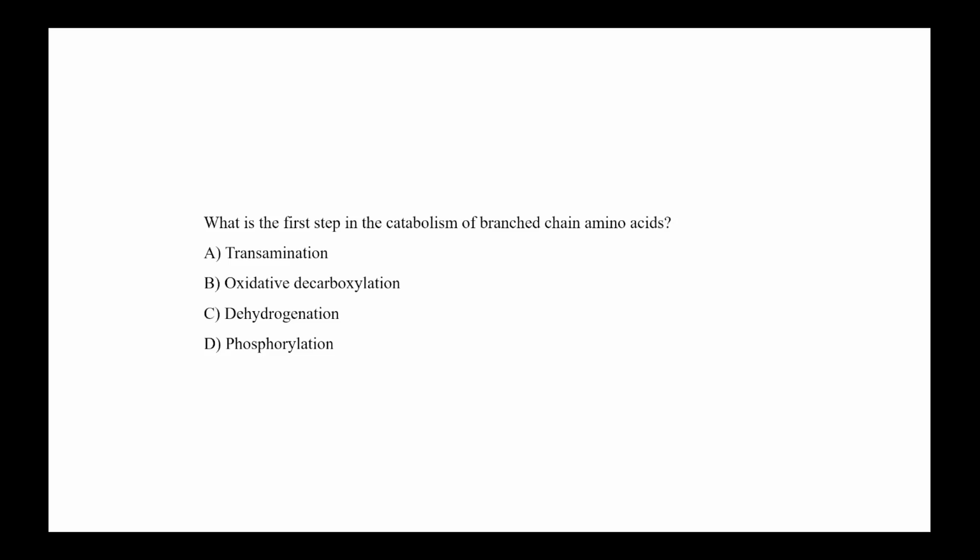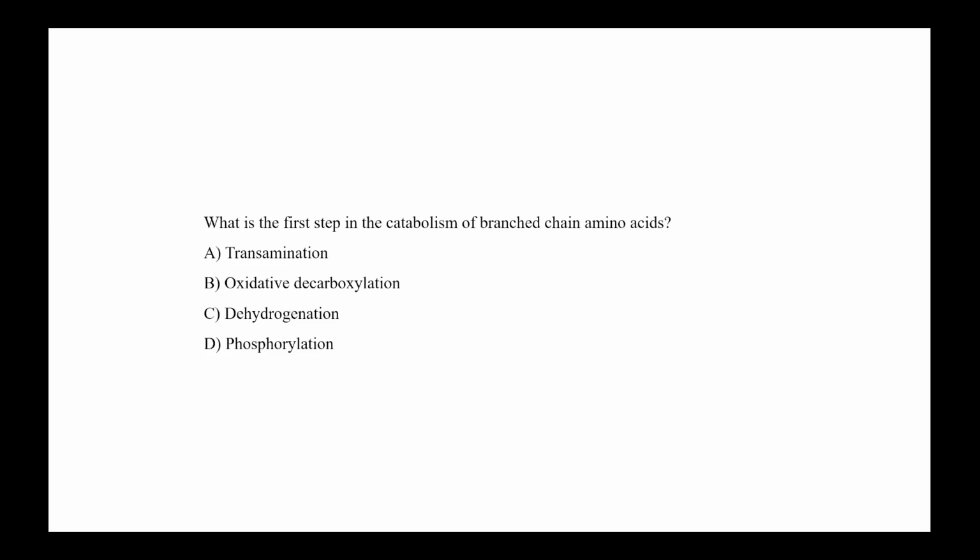What is the first step in the catabolism of branched chain amino acids? Option A, transamination. Option B, oxidative decarboxylation. Option C, dehydrogenation. Option D, phosphorylation.